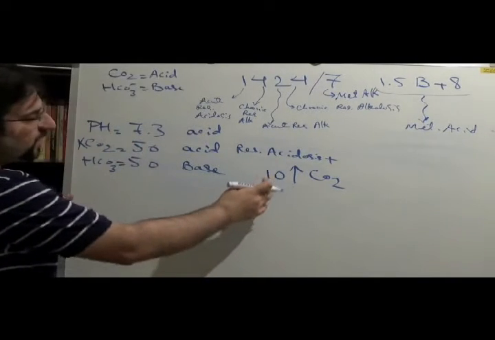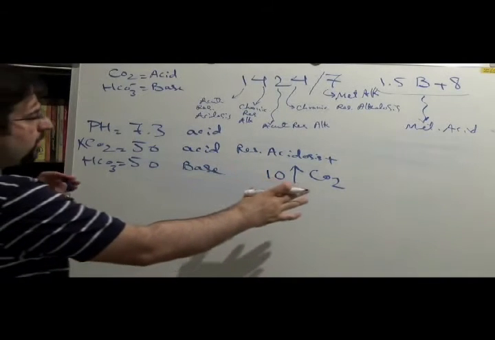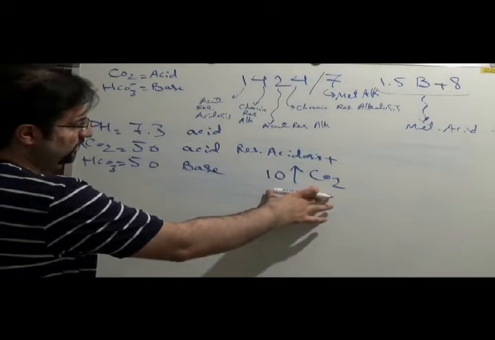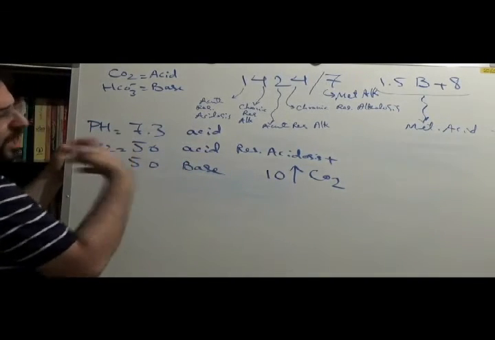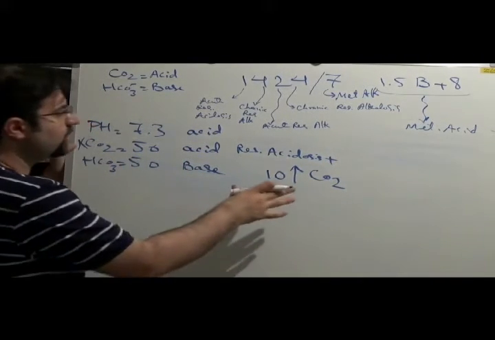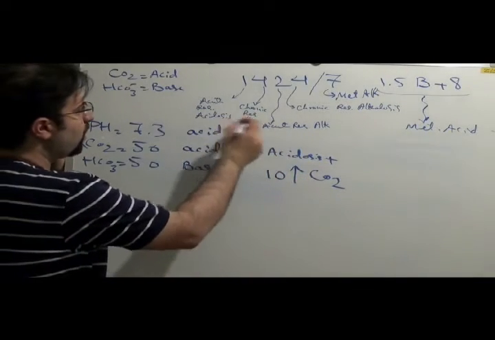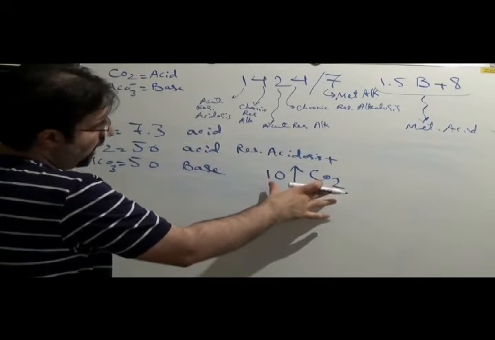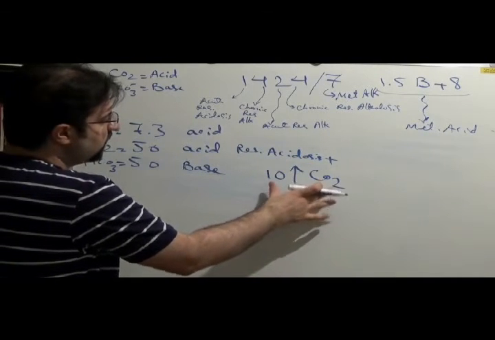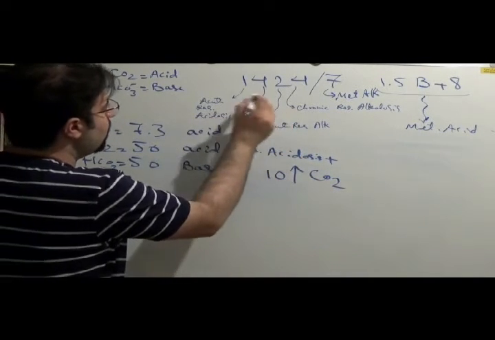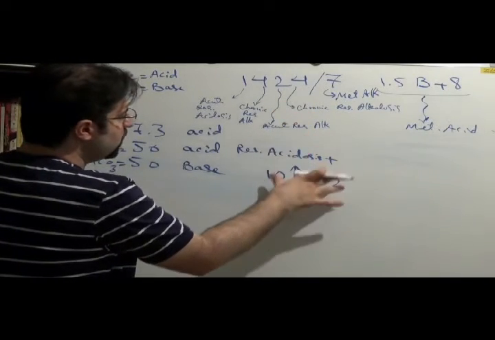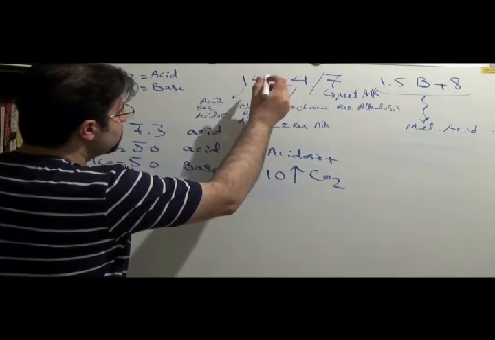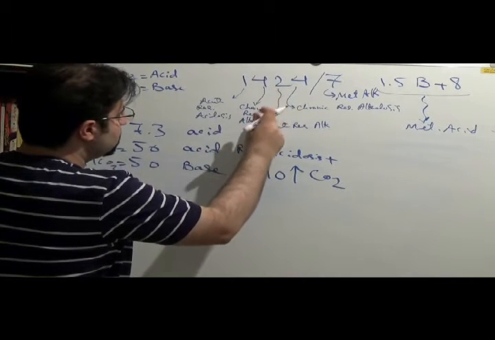So when we have a 10-point increase in CO2, as we said in respiratory acidosis, just suppose that every example here is chronic, because we don't have any history. A 10-point increase in CO2, and chronic is here, 4. Respiratory acidosis.